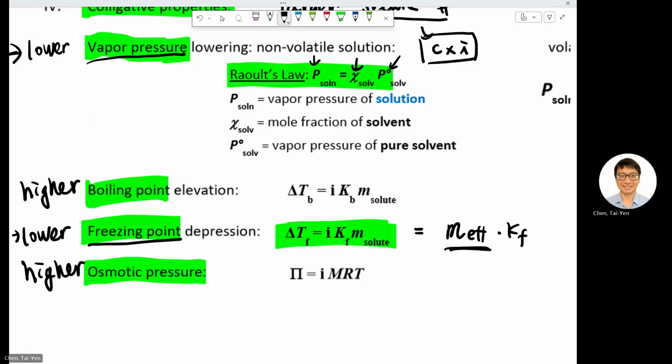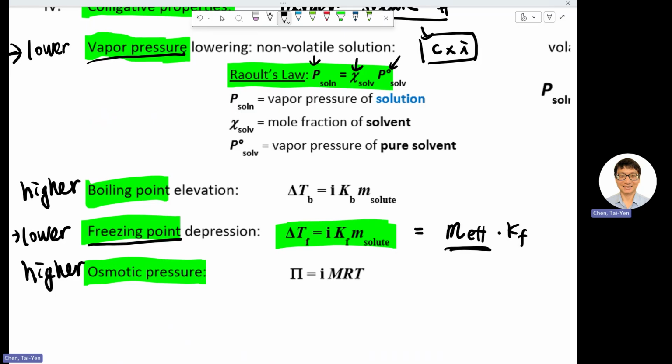That's how you calculate the freezing point difference. Note it's delta T_f, not just T_f. So to calculate the final freezing point, the original freezing point for water is 0 degrees C, and you subtract that amount. That will be your final freezing point.